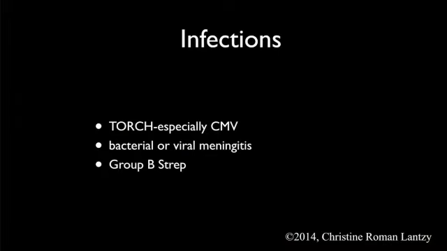Another cause of CVI is infections. When we think about infections, we should consider both bacterial and viral forms of infection, including meningitis. Group B strep is an example, and then the TORCH infections. TORCH is an acronym that stands for toxoplasmosis, rubella, cytomegalovirus, and herpes.